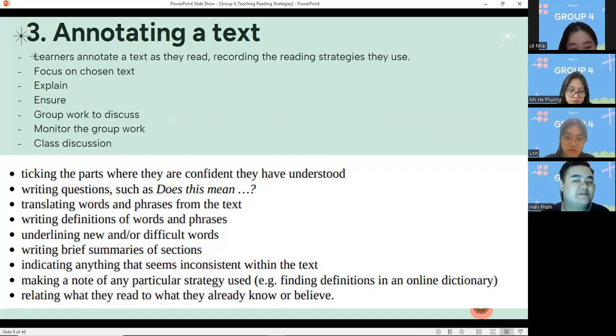The third strategy is quite popular, I must say, which is annotating the text, in which the learner will do some work with the text.